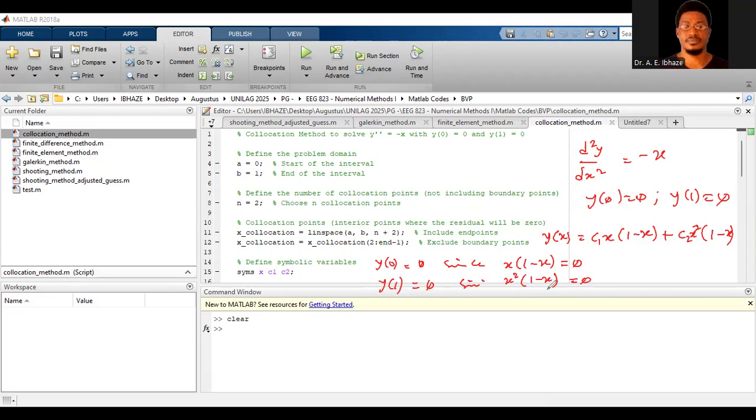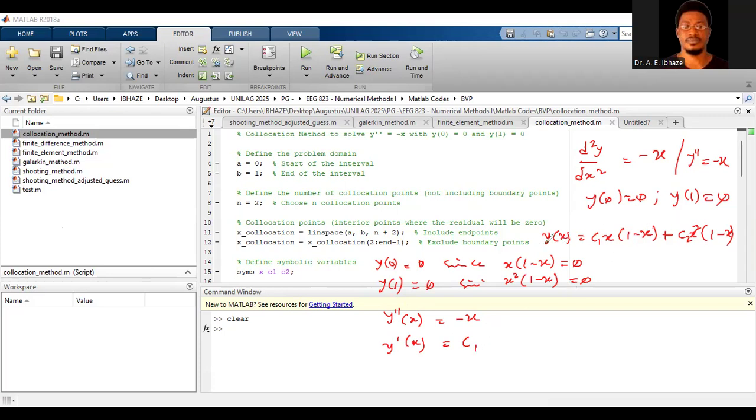Now that we have done this, we have to compute the second derivative of the trial function to match the given equation. We already know that y'' is the same as negative x.